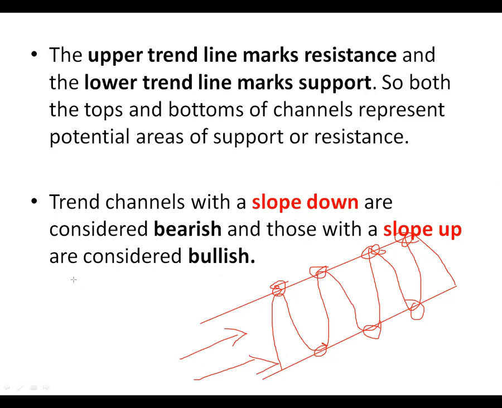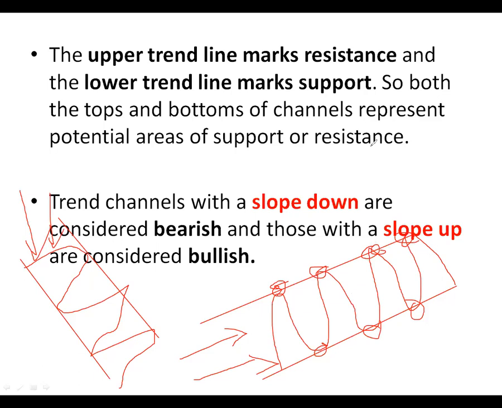And when the slope is pointing down, for instance, something like this, and you have trade moving in that direction, all right, this is a slope down. So the channel is pointing downwards. So this is a bearish channel. So we have a bearish channel or a bullish channel.